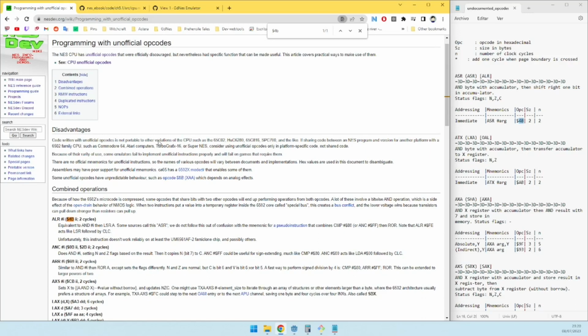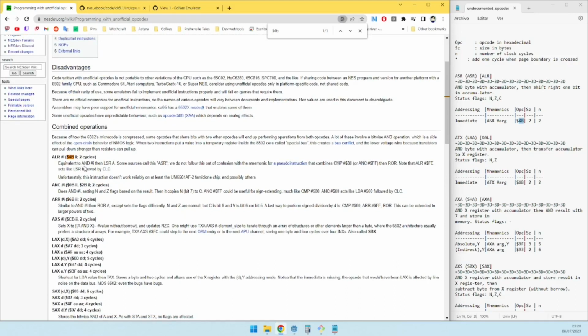ALR. Yes, this naming. Equivalent to AND, then LSRA. So this one says to AND, not load.